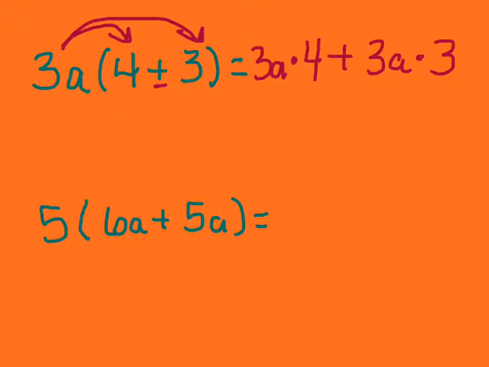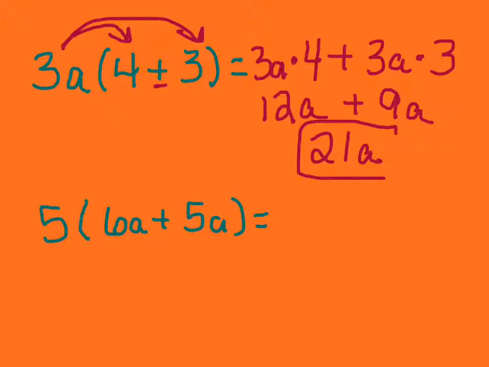And now we need to simplify. So 3a times 4 is 12a plus 3a times 3 gives me 9a. And those are actually like terms, so I can go a final step here. 12a and 9a is 21a. So that would be rewritten using the distributive property and then simplified.